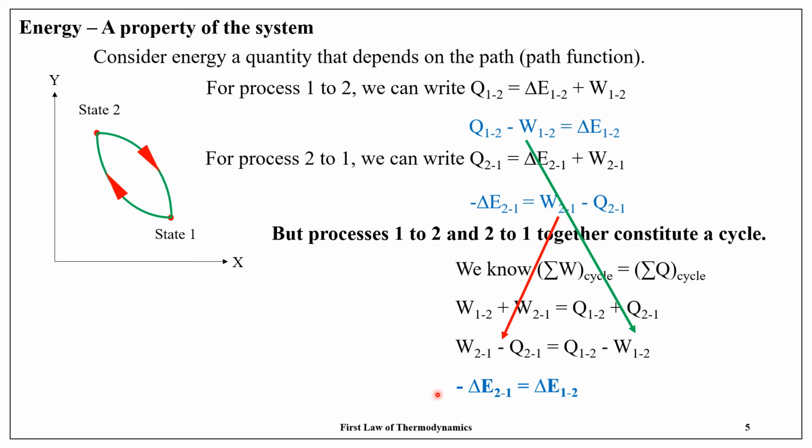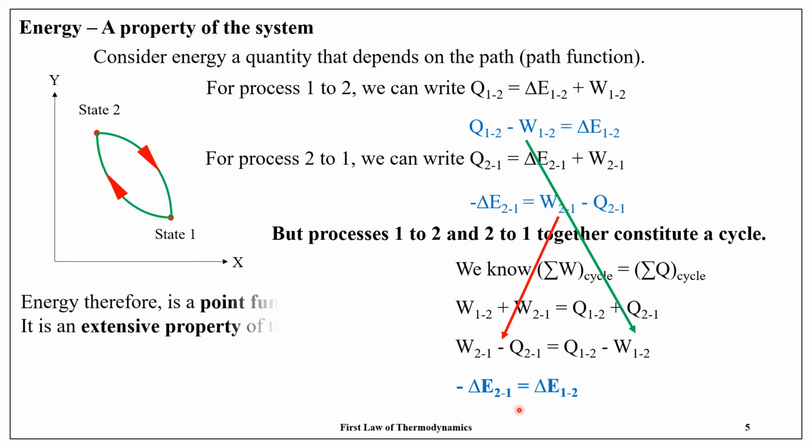The quantities are same. Del E21 is equal to del E12. Quantities are same, but the direction is different. And hence, change in total energy of the system is independent of the path followed. So the change in total energy is independent of the path, and hence it is a point function.